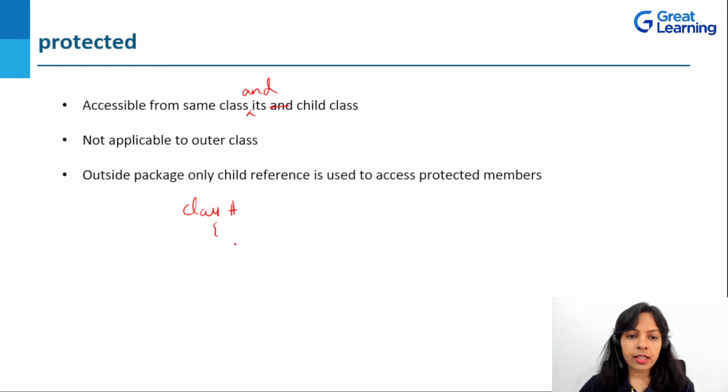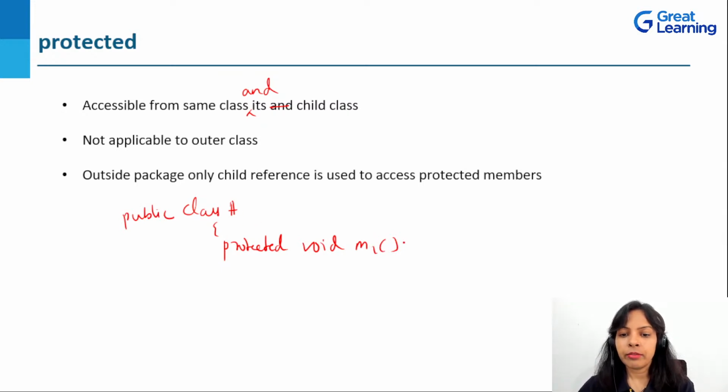So class A is created. Now, if I define here a protected method, protected void m1. This class is public, okay. So public class A, protected void m1. Inside this some code is written which I'm not writing.